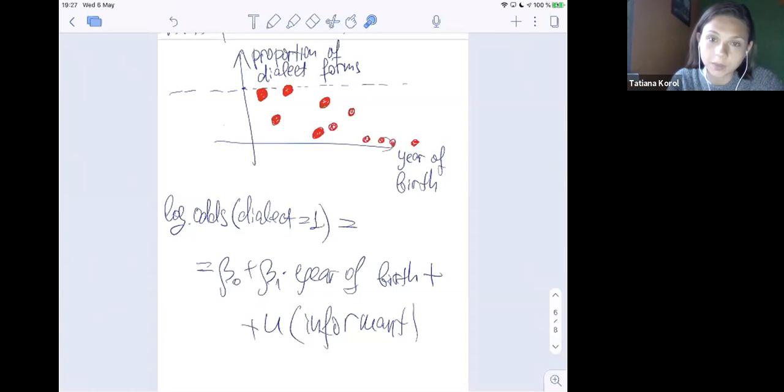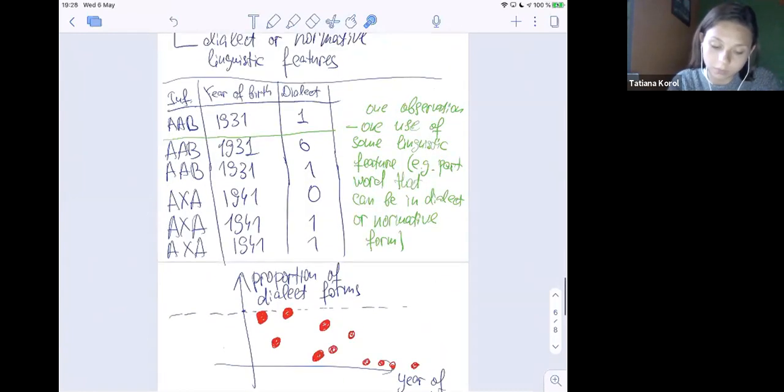If we have a table like we've seen before, and we get some information that some informant uses dialect forms on average, can we predict which year of birth he is?